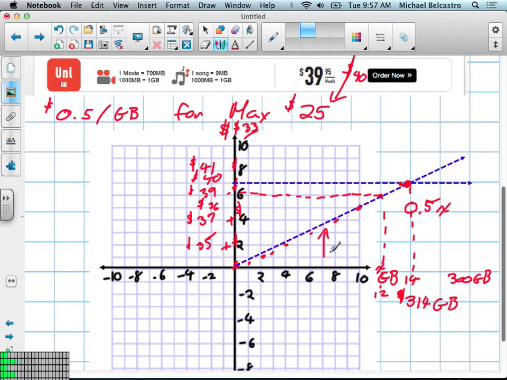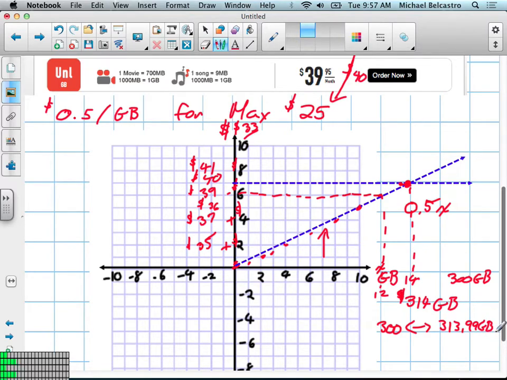This plan makes sense at anything under 314 gigabytes. So it's actually worth it for me anywhere between 300 and, we'll say, 313.99 gigabytes. Okay? It's technically cheaper.